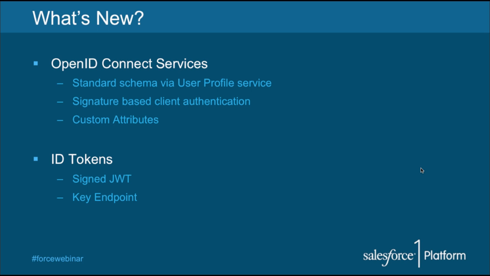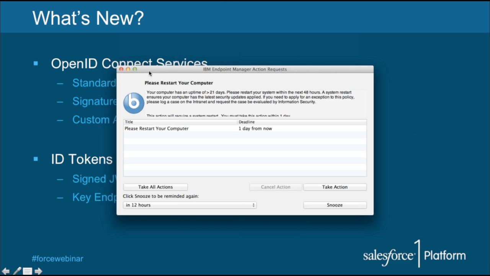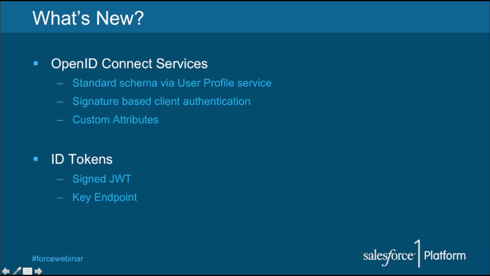Now, this may sound nice. It uses private and public keys and asymmetric cryptography. You don't have shared secrets. But what's really powerful here is that because you don't have to have a shared secret, you can actually use our APIs to dynamically create a client and on the fly begin connecting to our platform without having to have an administrator manually carry that shared secret back to your client.